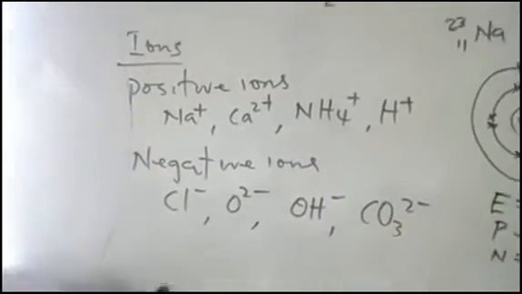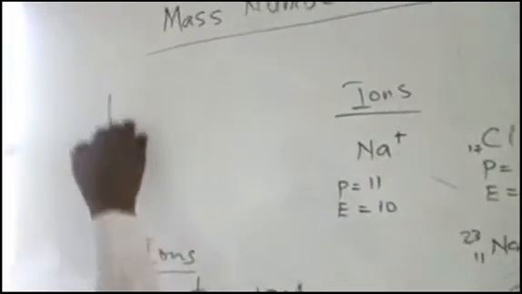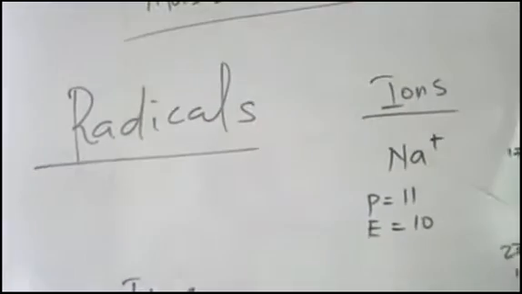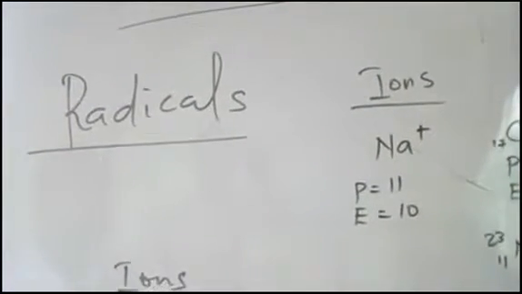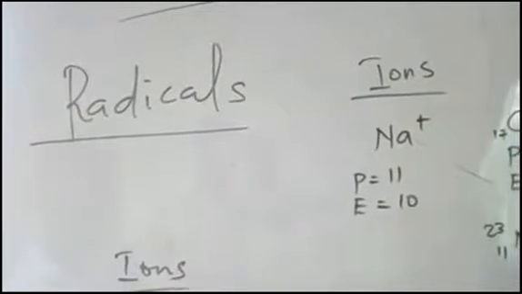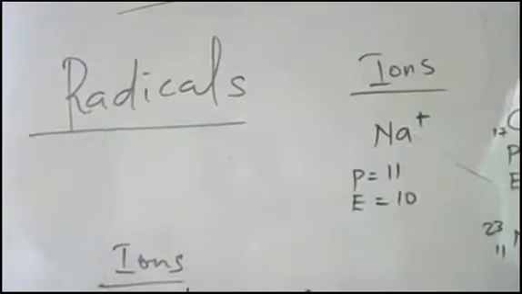So next we are going to talk about what we call radicals. A radical is also an ion. We can say that radicals are a group of ions that behave as a unit.